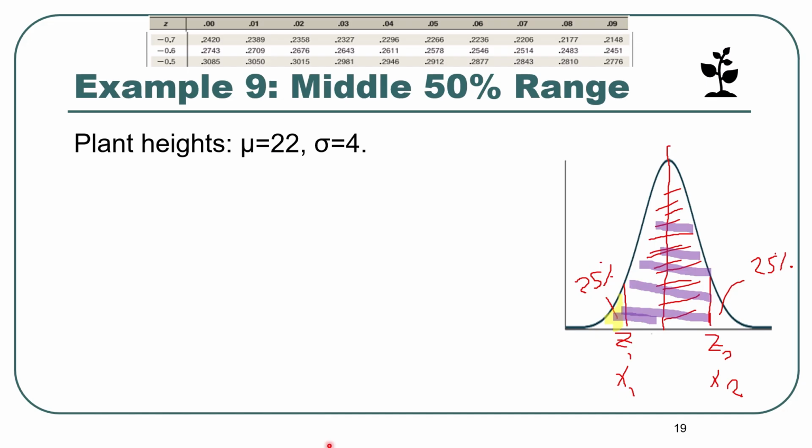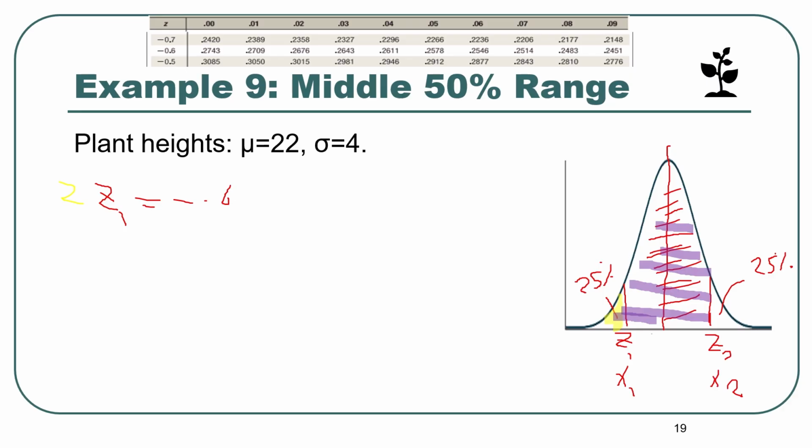So let me write it here. Z1 is, I have a minus here, so it's minus 0.6.